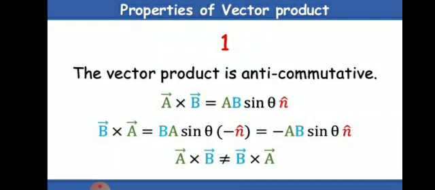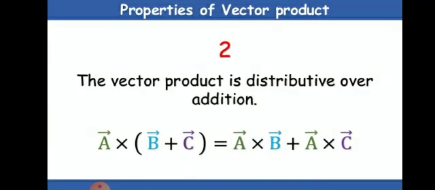So vector A cross B vector is not equal to B cross vector A. So it is anti-commutative. It is not a commutative vector. The vector product is distributive over addition.